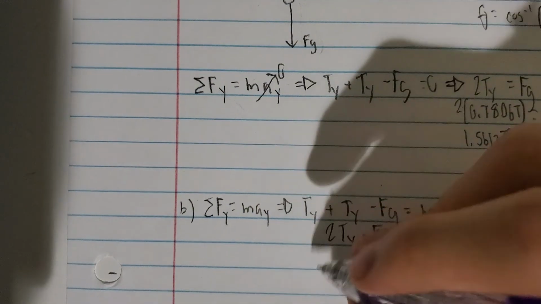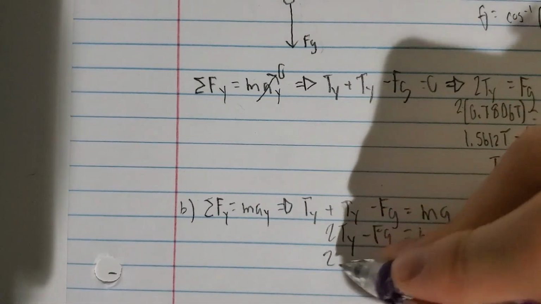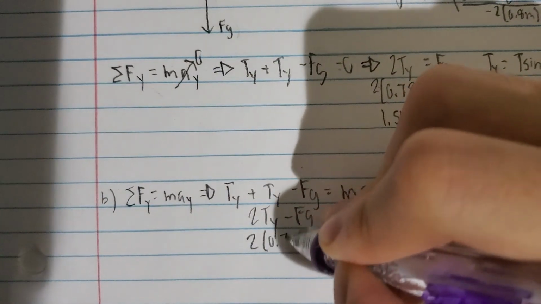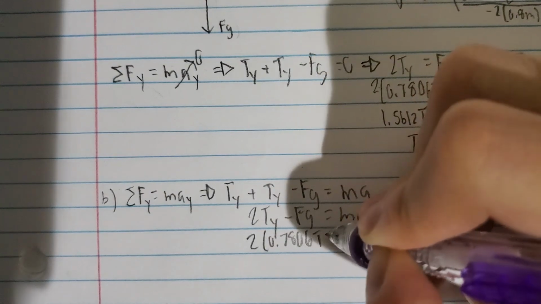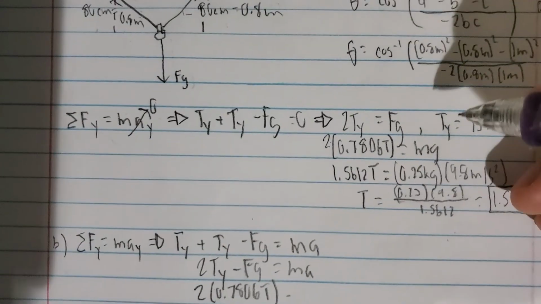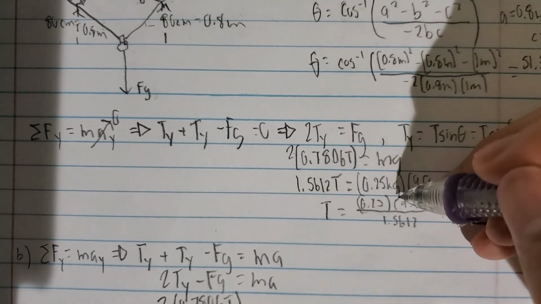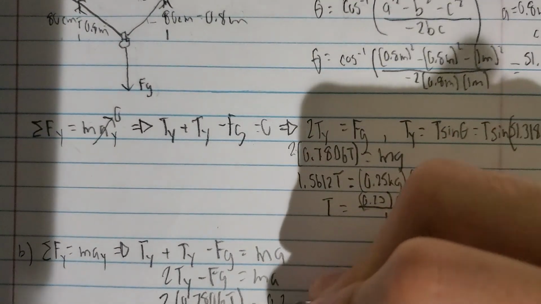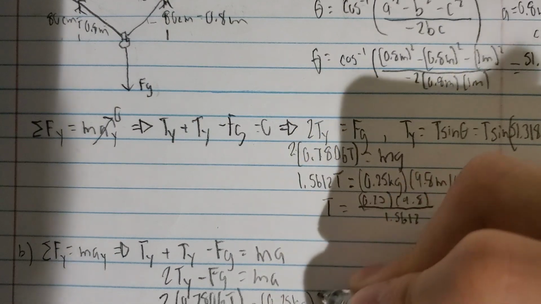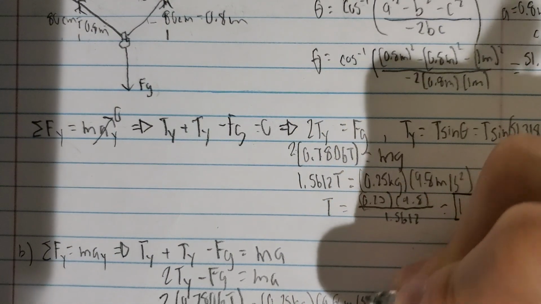Now I'm going to plug in my numbers. 2 ty we defined up here, so 0.7806 t minus Fg, which we've also found up here, 0.25 kilograms times 9.8 meters per second squared.